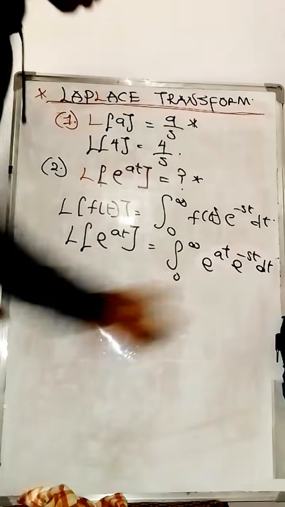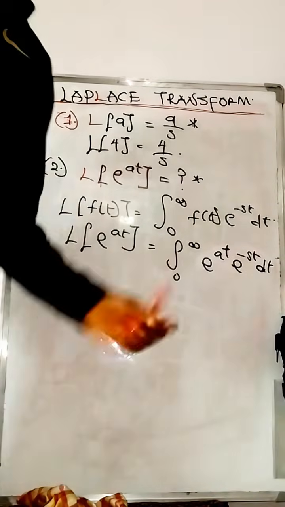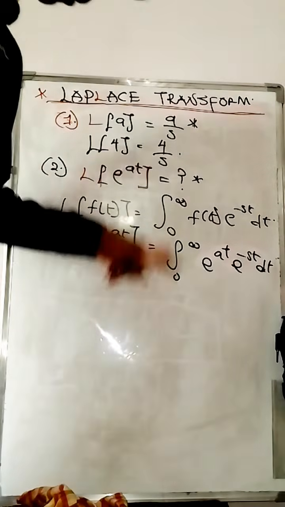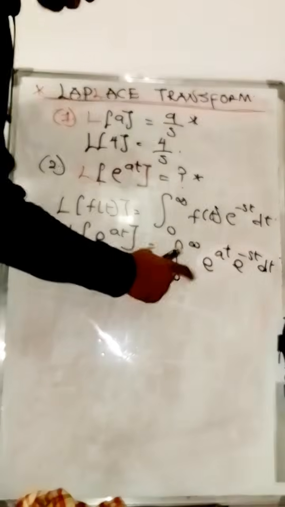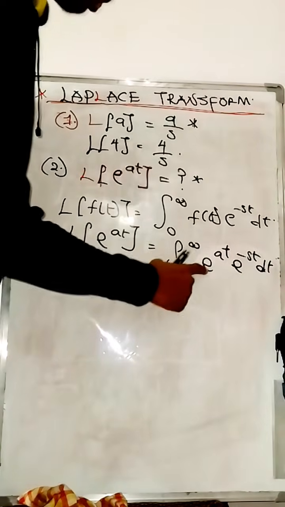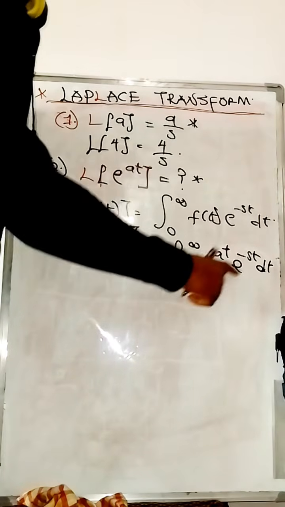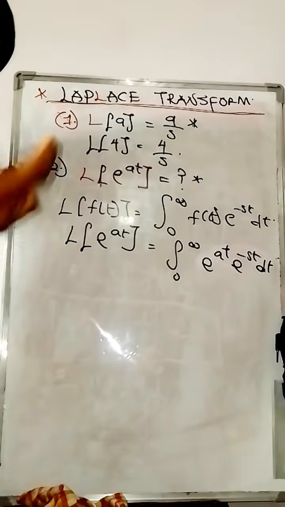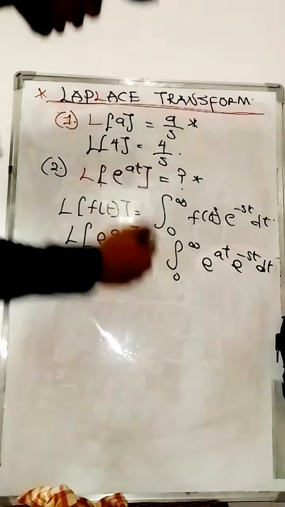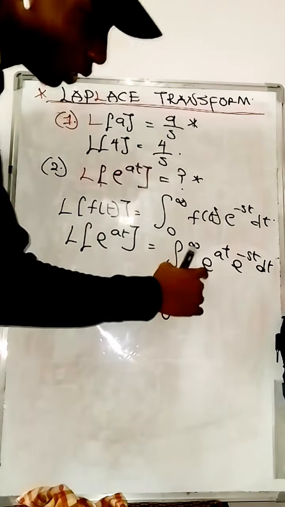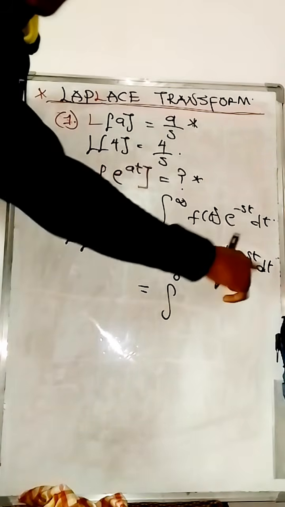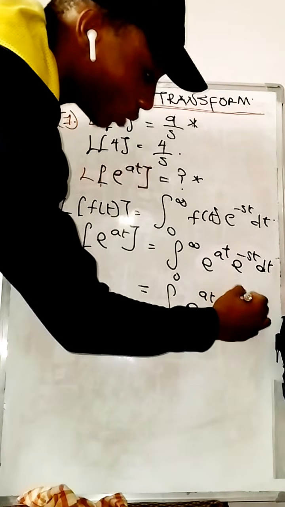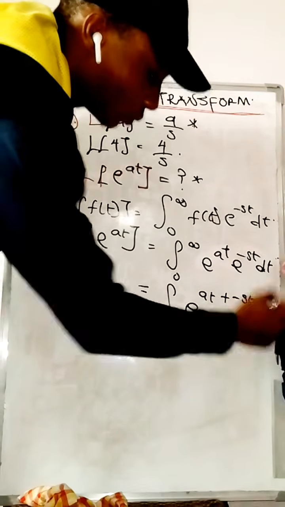So we're going to be applying our same method of integration before we apply our limiting values. We're going to be integrating these factors. Since this is the exponential of at and this is the exponential of minus st, they are both exponentials. Following the rules of indices, the exponential at times the exponential minus st is equal to the exponential of at plus minus st dt.